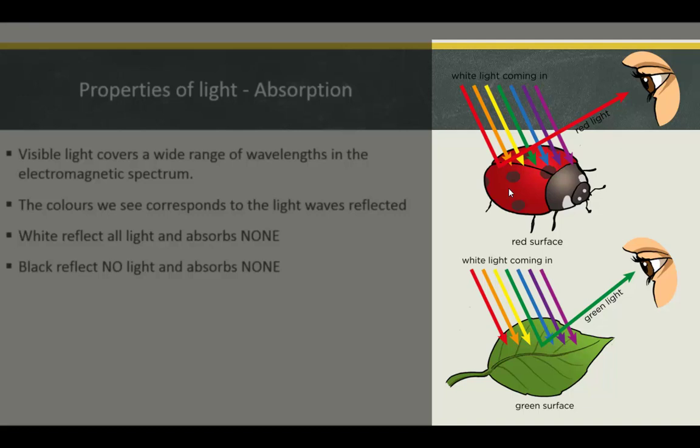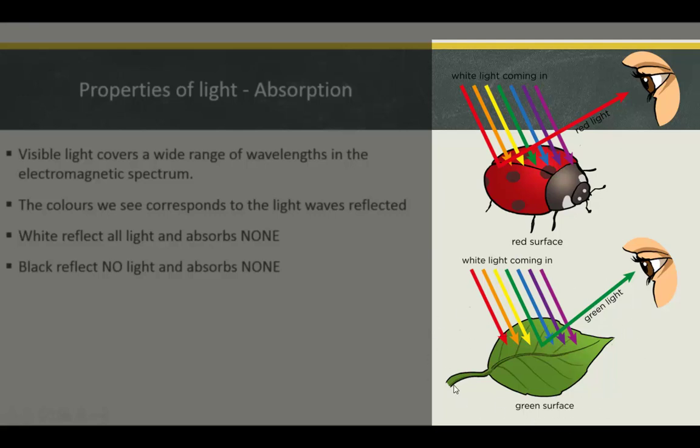In the case of the ladybug, the molecules that make up its shell absorb all the incoming wavelengths or frequencies except for red. And red is therefore reflected away from the object, and we perceive the ladybug to be red.